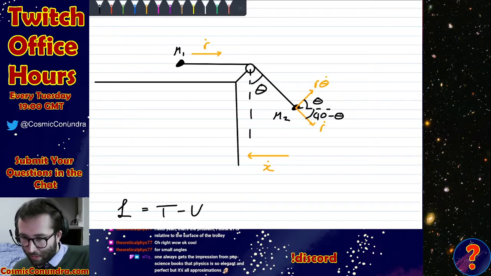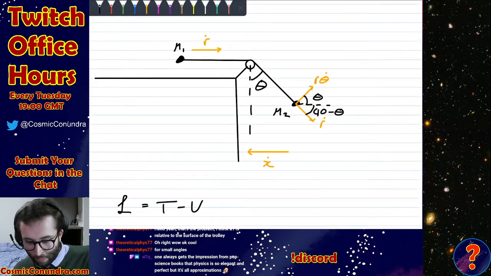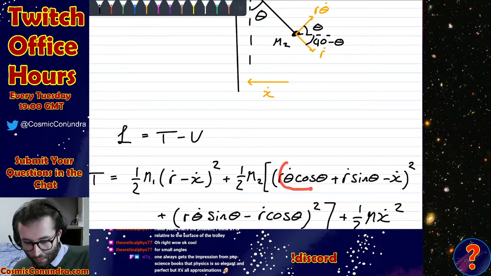So we have to resolve the velocity components orthogonal to each other. You have to find the component of the tangential velocity horizontally, which is the shadow of this orange vector here. So that's going to be r theta dot, the length of this, multiplied by cosine theta. So that is where this first term in the horizontal speed appears.